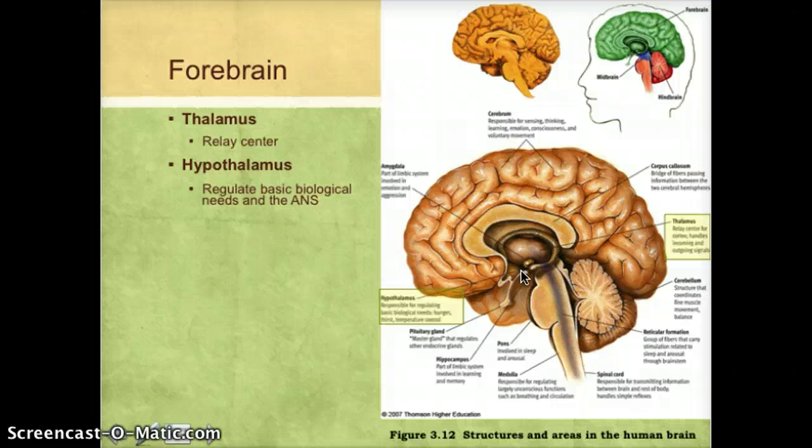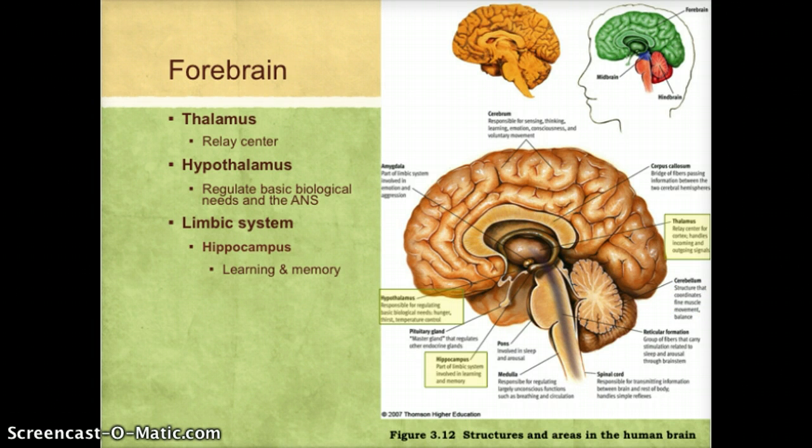So it would be really important for this part of the brain to get sensory signals very quickly so that it can adjust if needed. The other big function of the hypothalamus is that it controls the autonomic nervous system, and we'll discuss that in a little bit more detail later on in Chapter 3, and then also in Chapter 13 on stress and health.